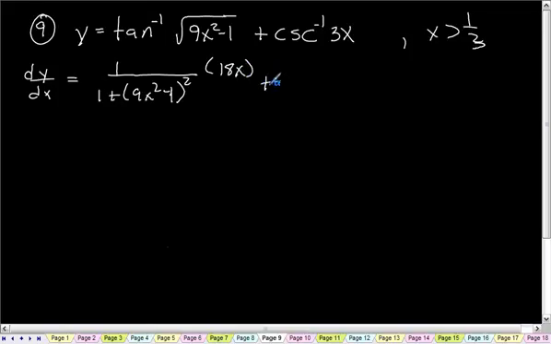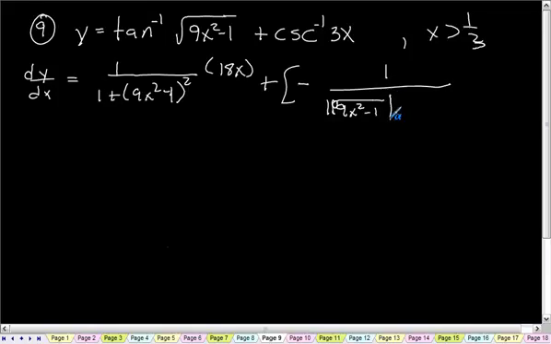Plus, now we do the second part, cosecant. Cosecant is a minus 1 over the absolute value of the radical. That's our x value, 9x squared minus 1. Minus 1.